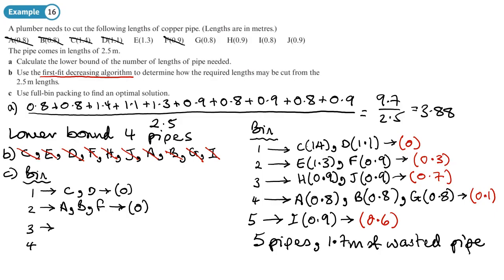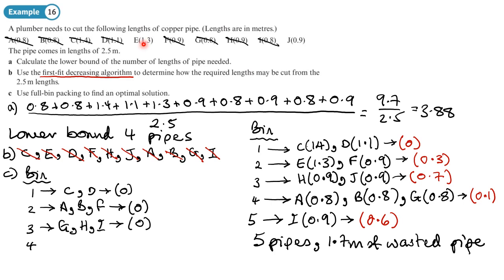Okay, let's see what else we've got. And we've got two more 0.8s and a 0.9. So G, H and I. So let's put those down, G, H and I. Again, no wasted space.